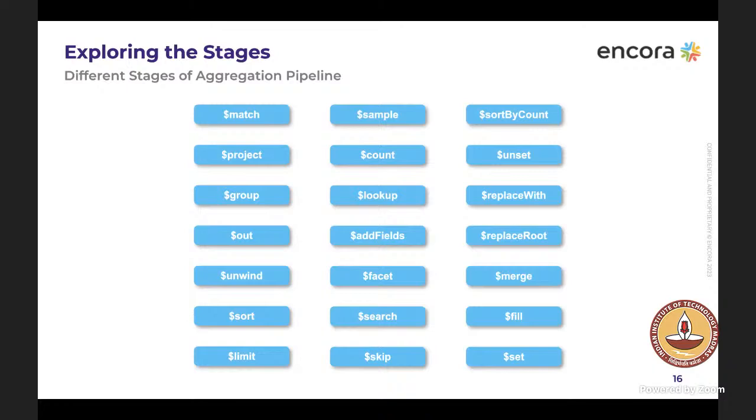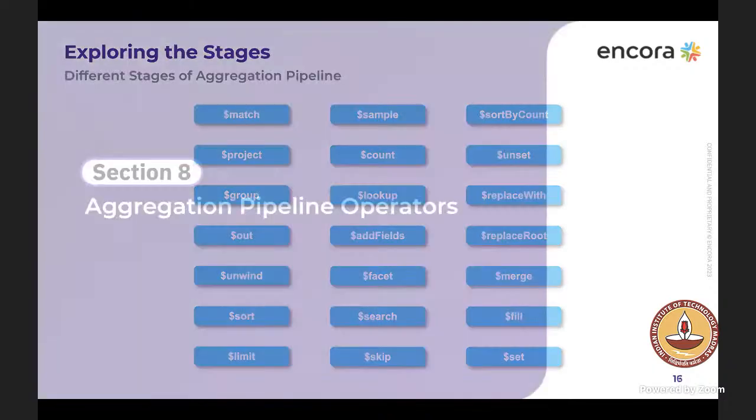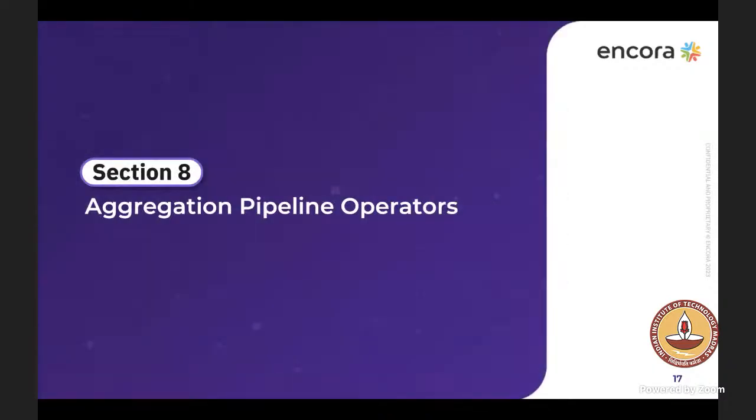Then unset, to remove fields. Then merge, fill, and set. These are some of the stages I put here; others you can also check out. I will try to cover a few of them in our hands-on exercise, but we can't cover all. Okay, now the next topic is the aggregation pipeline operators.